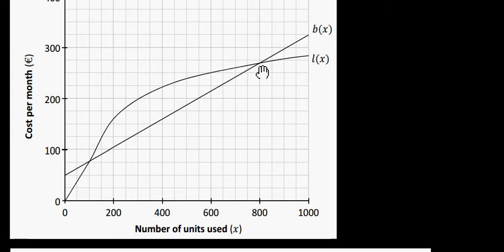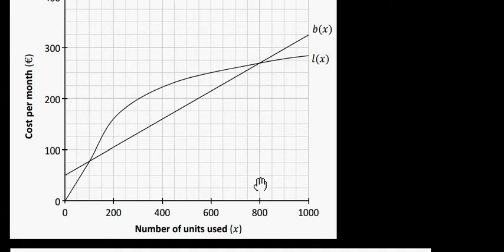Well, it's less than it from here to here. All of these y values will be less than all of these y values here for L of x. So they want the set of x values for these values here. So it's here, that would be 100 up to 800.